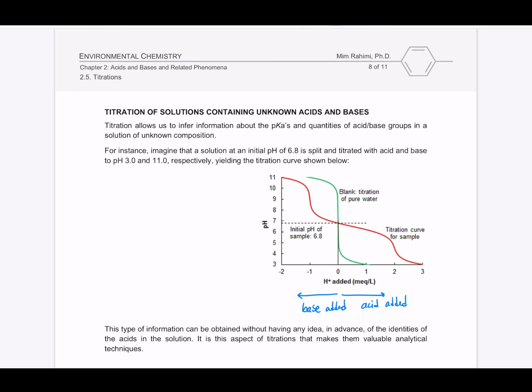And the question would be how we can use this graph to interpret what we have potentially. And then what's the concentration? So right now we did titration to go from pH, or to swing between pH of 3 and 11, as you see on the graph. So the pH between 3 to 11.